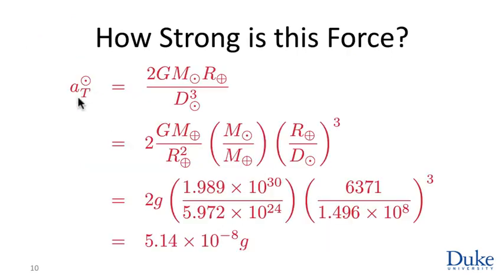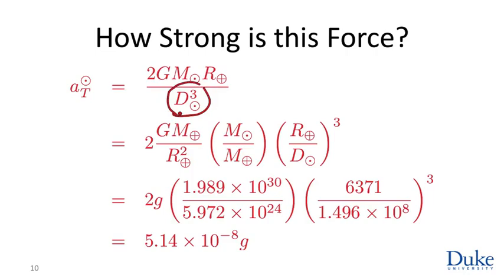The tidal acceleration due to the sun is the difference, that little yellow difference, which was 2GM over d squared times r over d. The salient point is that because I have 2GM over d squared times r over d, this decreases with distance from the sun like the third power of distance. Remember, the gravitational force itself decreases like the second power.